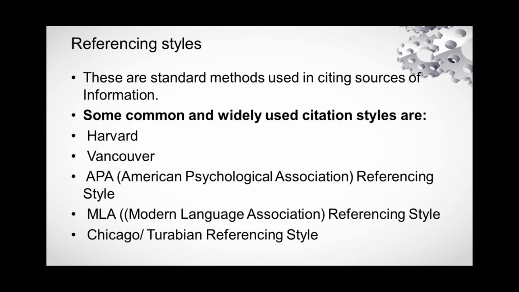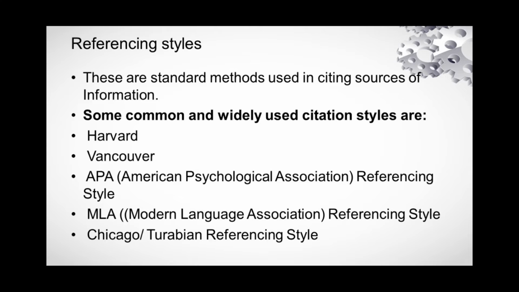So, referencing styles. These are standard methods used in citing sources of information. Some common and widely used citation styles are Harvard, Vancouver, the American Psychological Association, APA, the Modern Language Association, MLA, the Chicago, and also the Turabian referencing style.